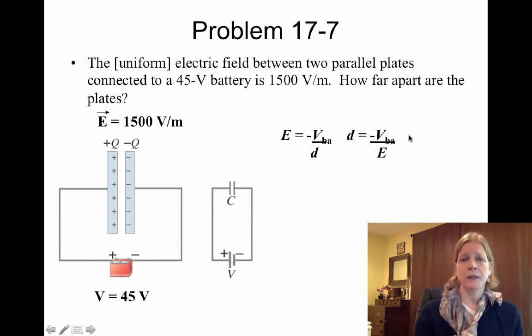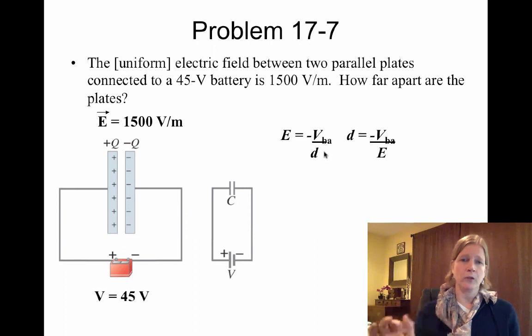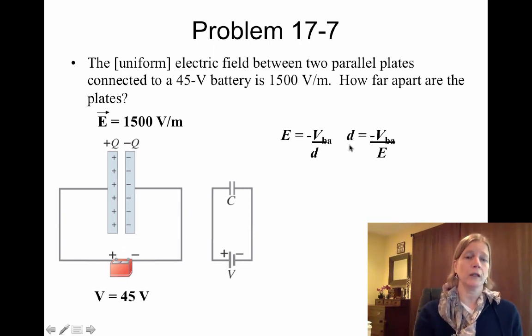One point I want to make is that D has to be in the direction of the electric field, but our electric field goes directly from, say, the positive charge to the negative charge, directly across that gap. So the distance between the two plates is the distance along the electric field line, so that D is appropriate.